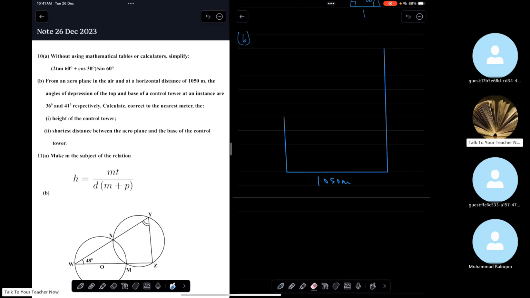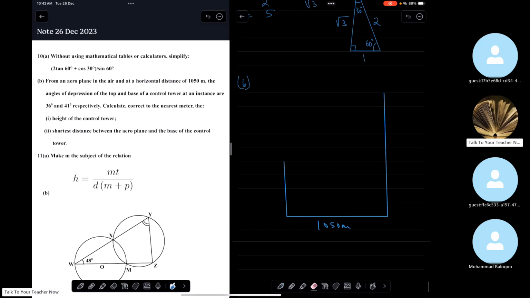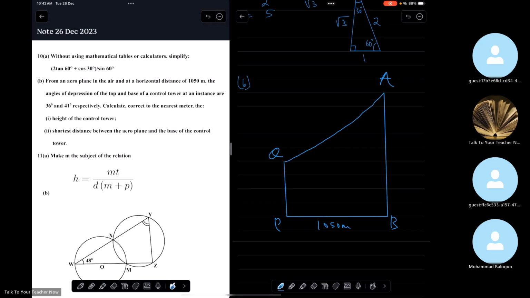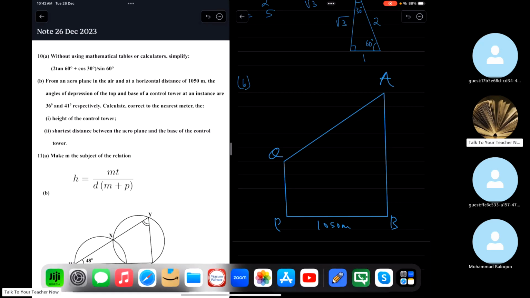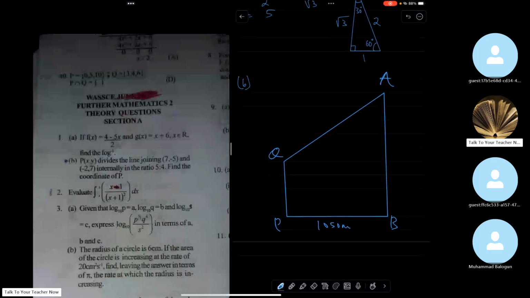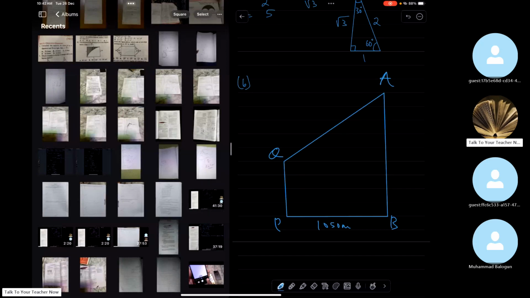You are looking at the top of the control tower. Let me call the top of the control tower Q and its base P, where the aeroplane is A, and the point on the ground level B. Now if you look here, where you missed it, Ajara, was that you didn't show the angle of depression correctly.